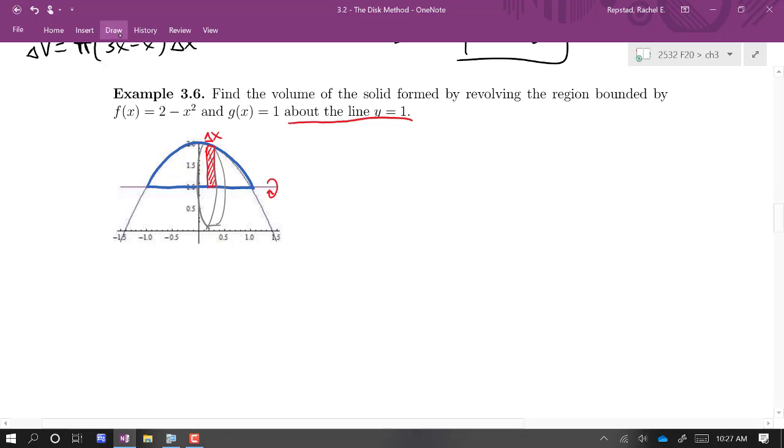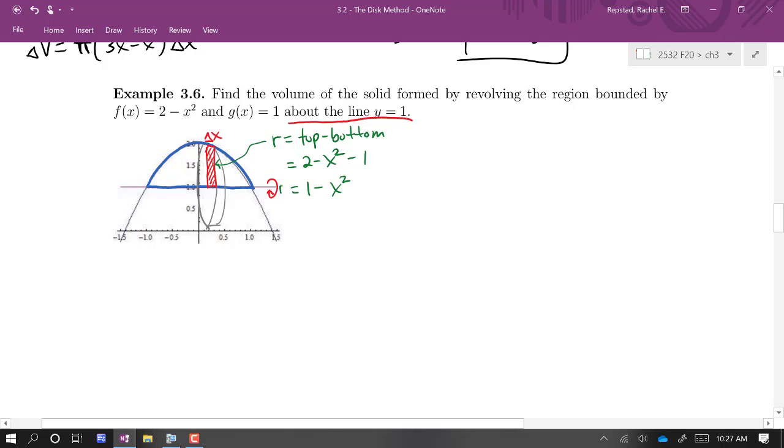So the radius is the height of the disc. The radius of the disc is the length of that rectangle. So the length of that rectangle is a top minus bottom length, and that is 2 minus x squared minus 1, or just 1 minus x squared.